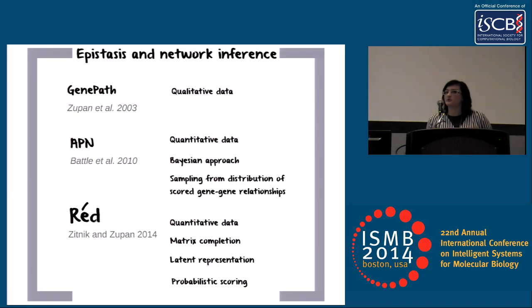And the approach that we propose in this paper is an approach that we refer to as RET, and this approach is conceptually different from the previous approach of APN. In particular, it's different because it simultaneously factorizes the whole phenotype data set that we have, and it produces the gene network as an output in a single-step construction.